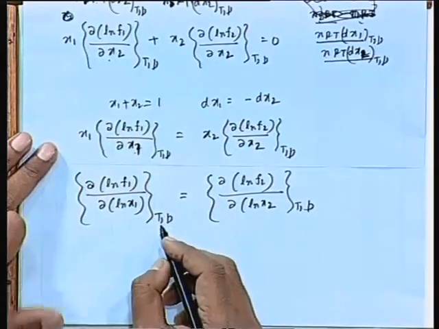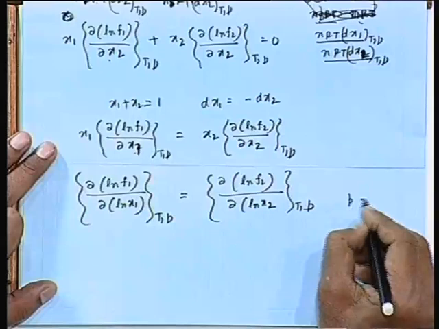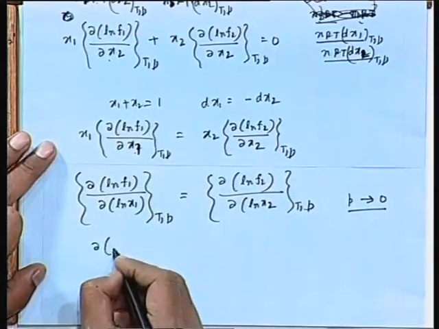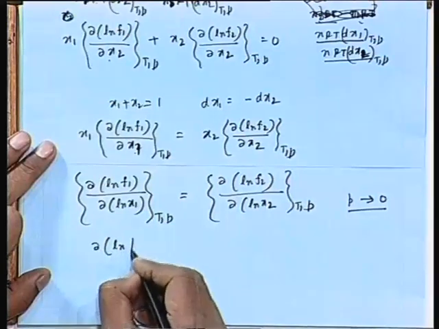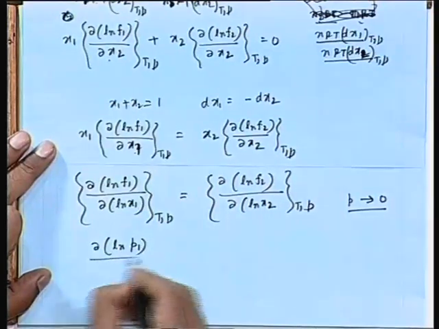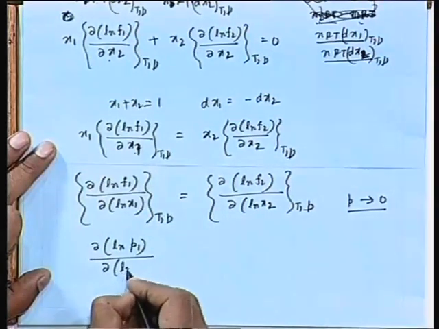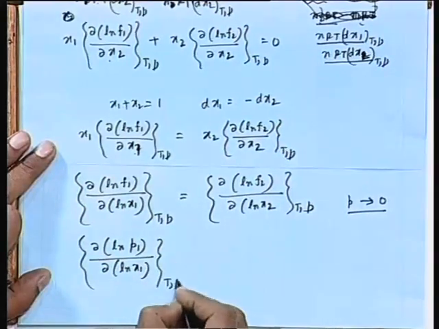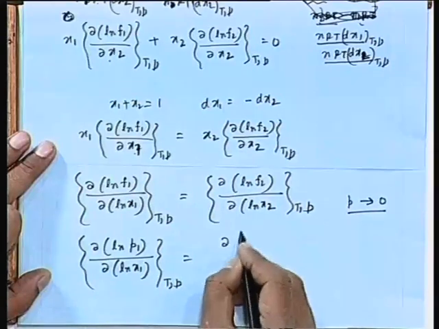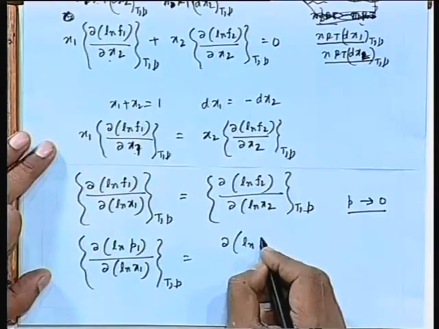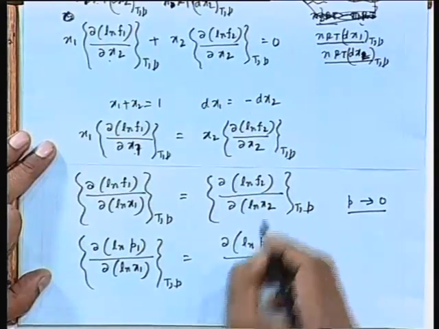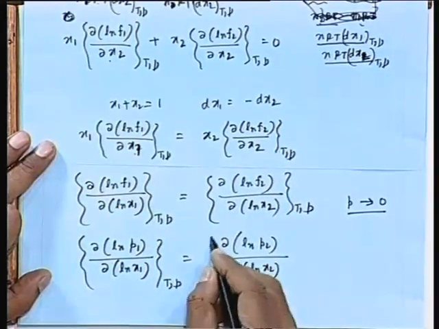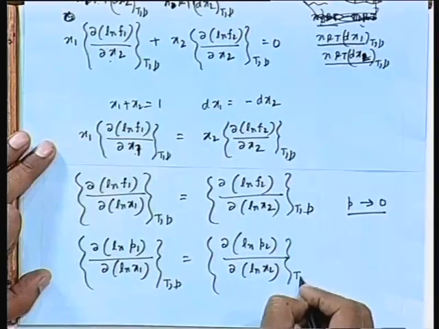And when the pressure tends to 0, very low pressure, these fugacities can be expressed as partial pressures of the component, del ln P by del ln x1. This is another form at very low pressure, this dependence of the partial pressures on the mole fractions, del ln x2 at constant temperature and pressure.